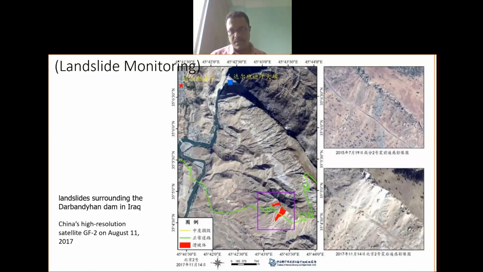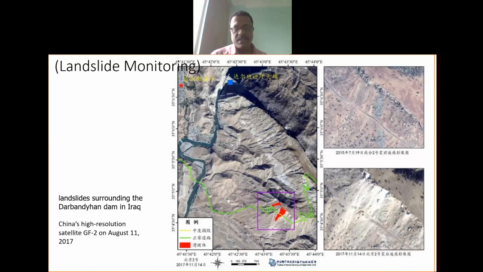A classical example is the Kobe earthquake in Japan, where the number of people killed by the fires was much larger than the number of people killed by the primary earthquake itself. Sometimes these secondary disasters are more catastrophic and cause more damage than the primary disaster.